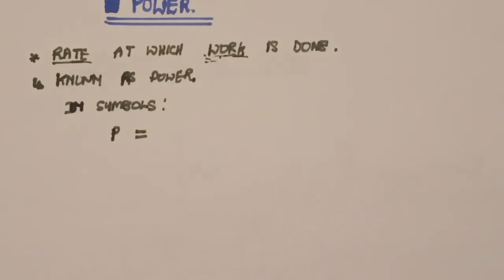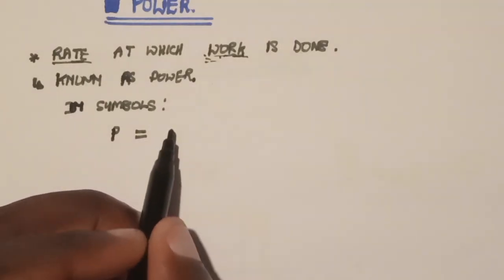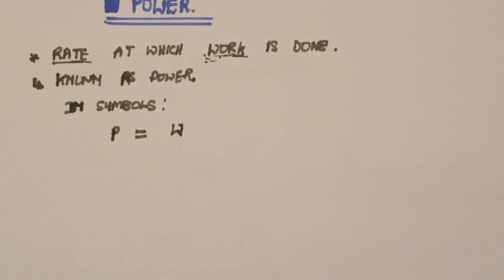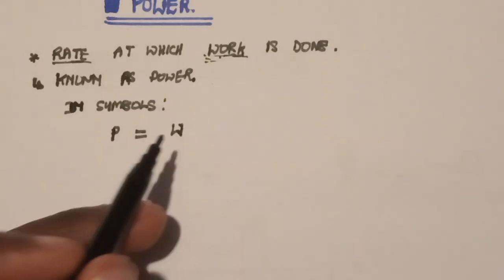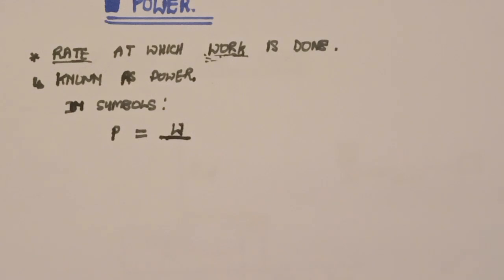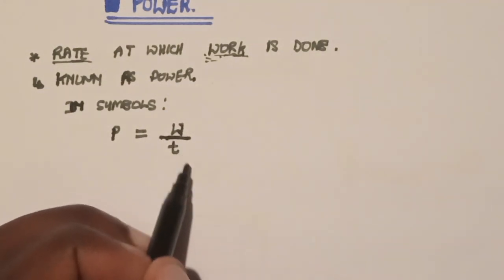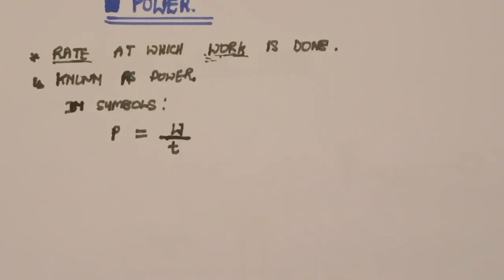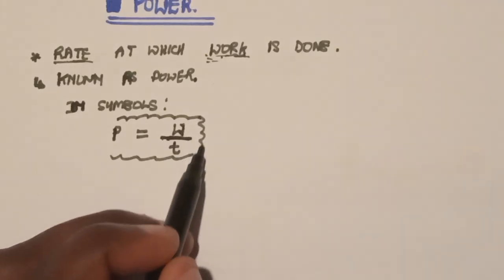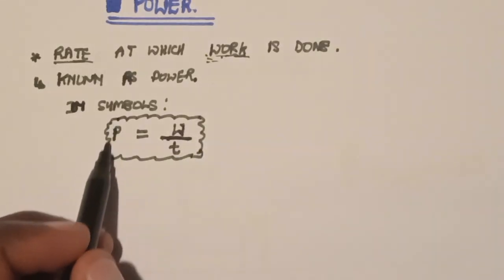Work is represented by the letter W. A rate is time in physics. When we talk about the rate, we are referring to the time in seconds. So this is the equation that we will use to calculate the power.